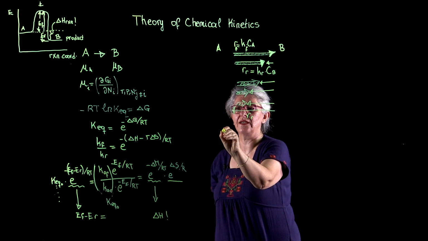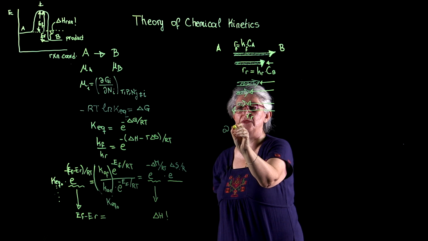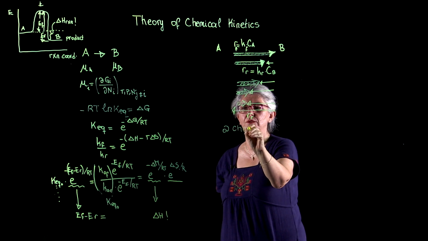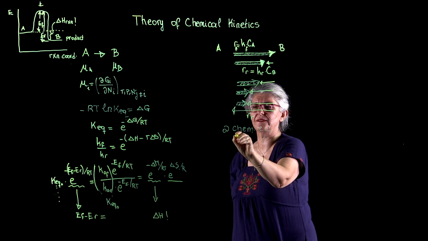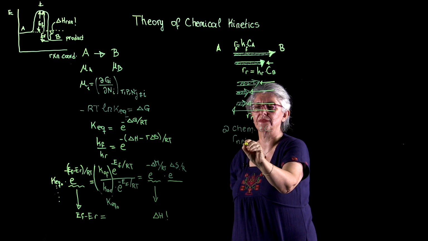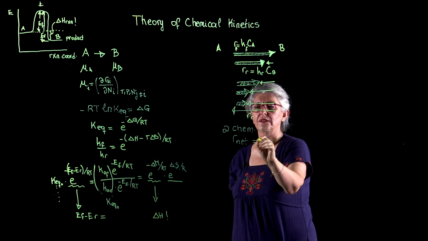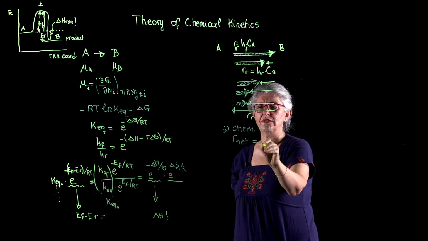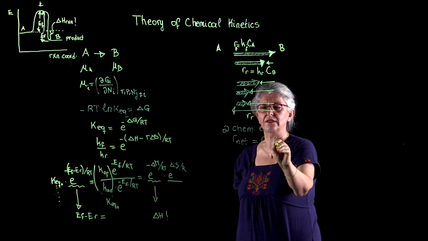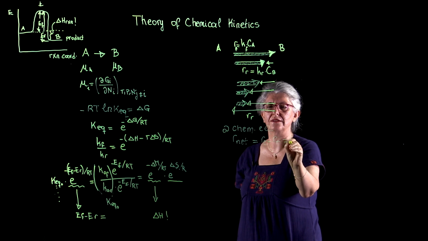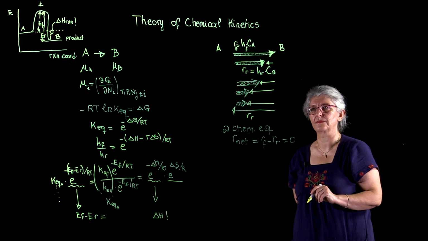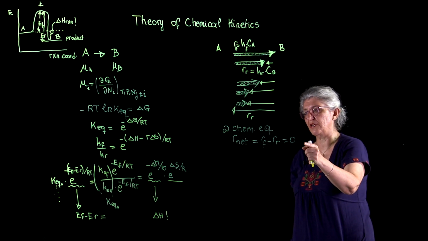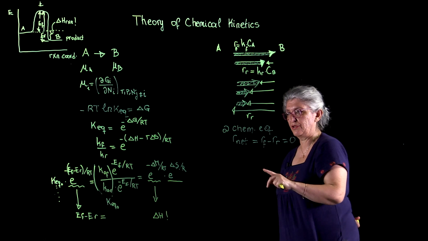So let's write, at the point of chemical equilibrium, net rate, which is the difference between the forward rate and the reverse rate, is 0. So we are going to use this concept to prove our point here.